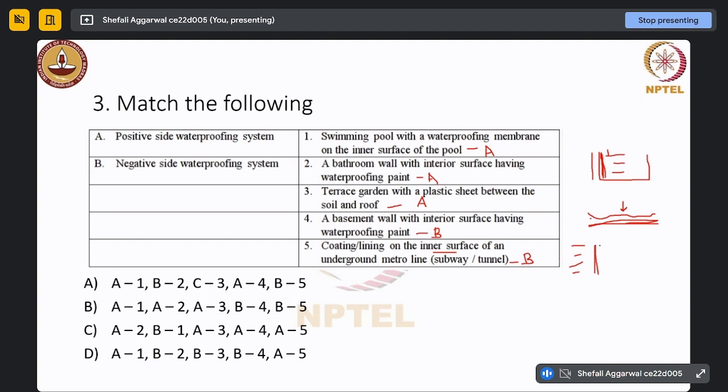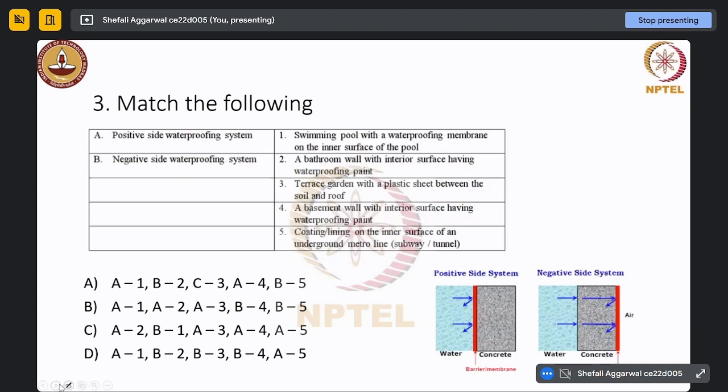The waterproofing is provided after soil, then concrete, then waterproofing, so it will be a negative side waterproofing. So the answer is: for 1, 2, 3, it is A, and for 4 and 5, it is B, negative side waterproofing system. Is this question clear to everyone? If you have any doubt in any point, please tell me.